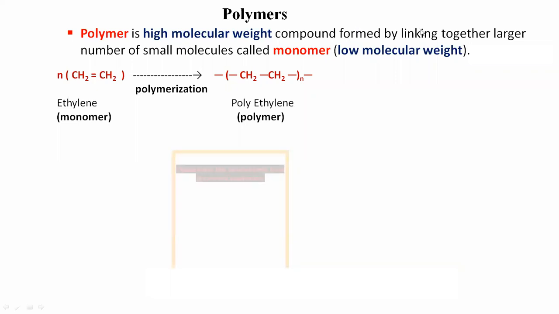And how are they produced? By linking together a larger number of small molecules, and they are called monomers. That's a very simple definition. An example is polyethylene. It is prepared by repeated linking of ethylene. If you look at the difference, the double bond is converted to a single bond. Otherwise, there is no change at all. Both the CH2 groups are intact.